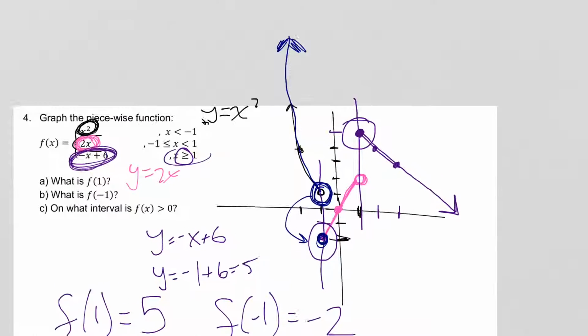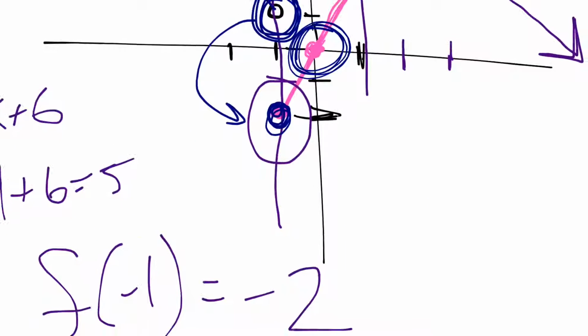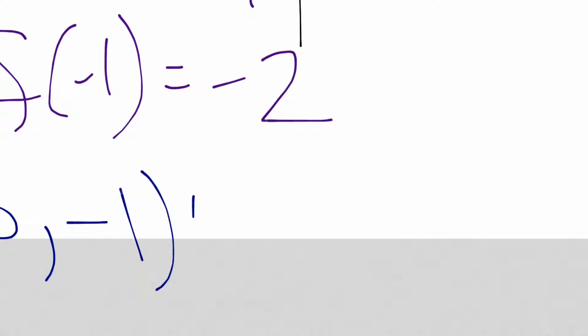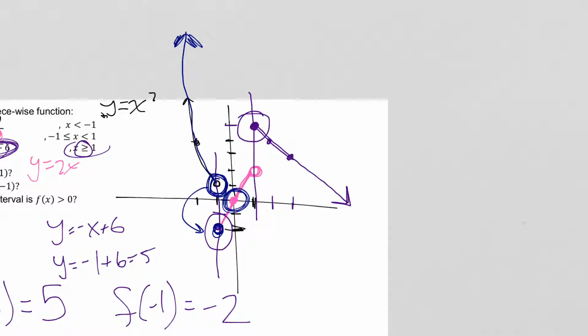But when do I start being positive again? Well, I start being positive again right after this 0, which has an x value of 0. So I will union this with the set of numbers starting at 0 and continuing how long? Well, look, positive, positive, positive, open circle, but the value there is still positive. Positive, positive, positive, up to a certain point.